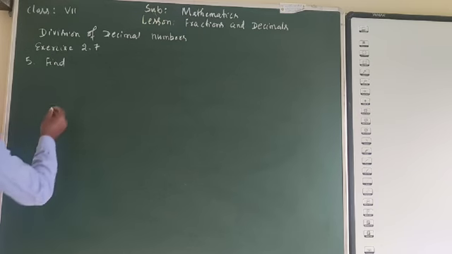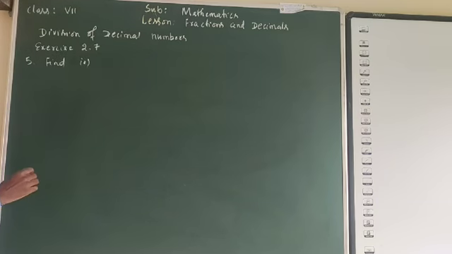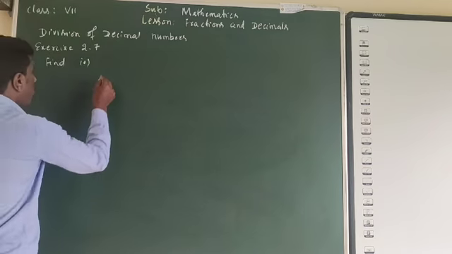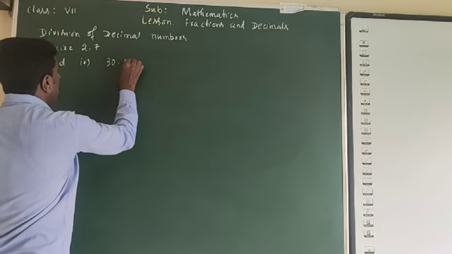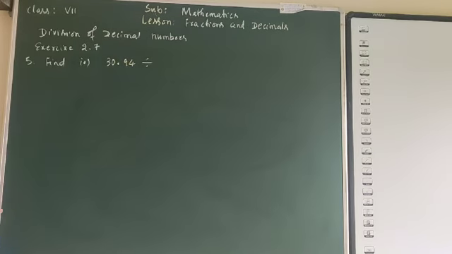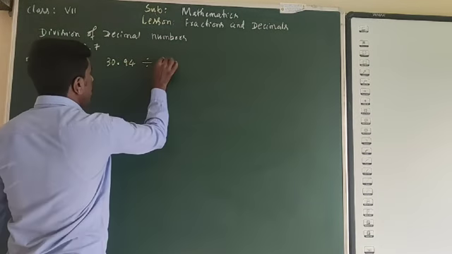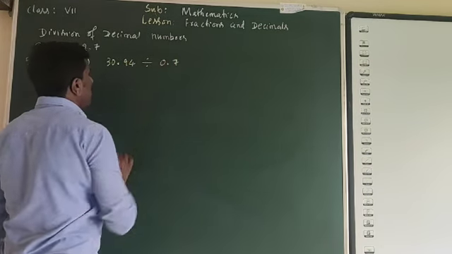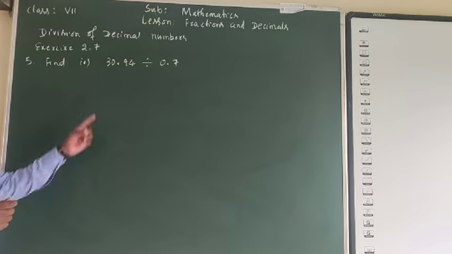Fourth question will be 30.94 divided by 0.7. Again the same method.